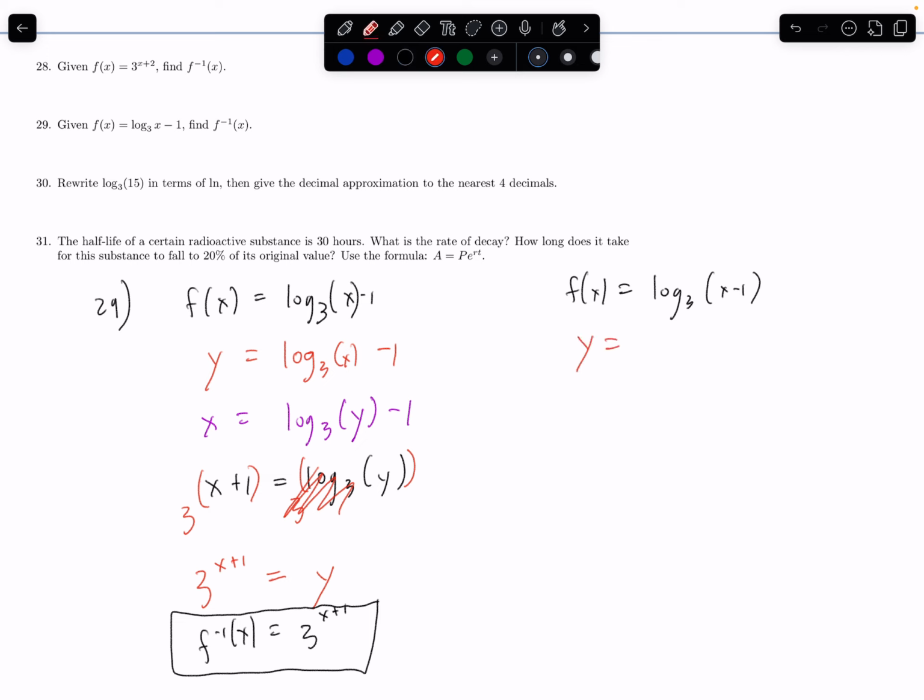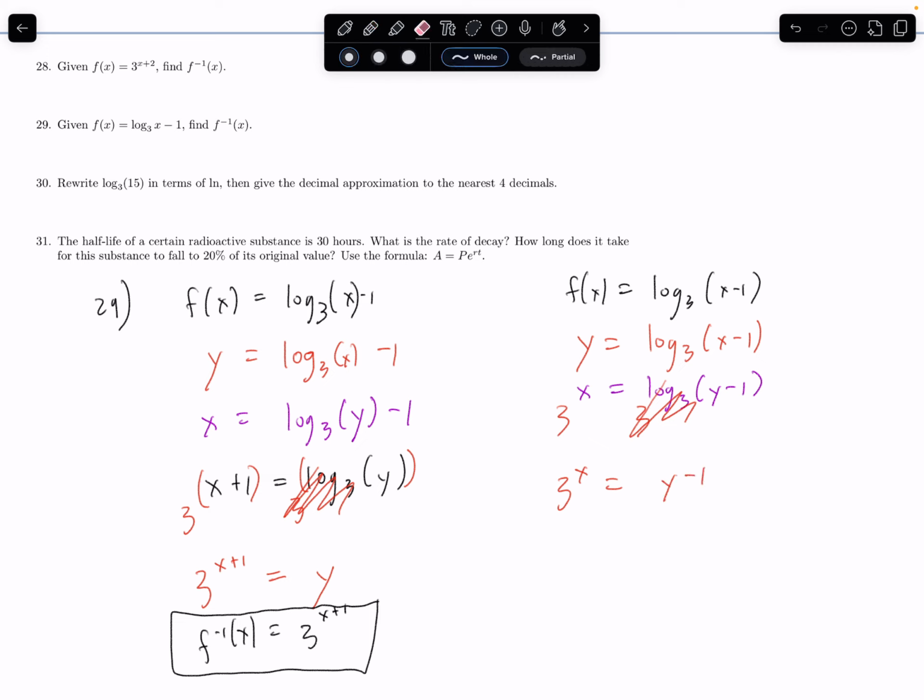So let me just show you that one real quick too. I'll do the same steps. Replace with x's and y's. Swap the x's and y's. And then this time, hit it right away with the exponent. I get 3 to the x equals y minus 1.